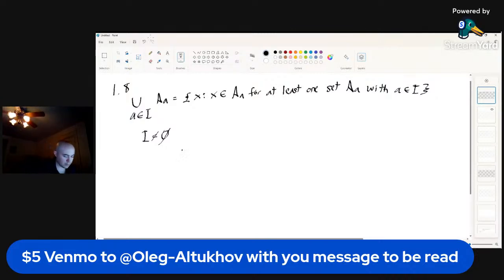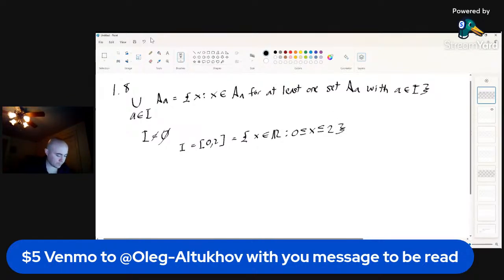We're doing this. I is equal to 0 to 2, which is equal to x, a member of the real set such that 0 is less than or equal to x, which is x greater than or equal to 0, less than or equal to 2.